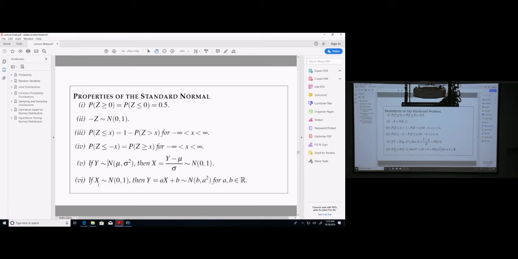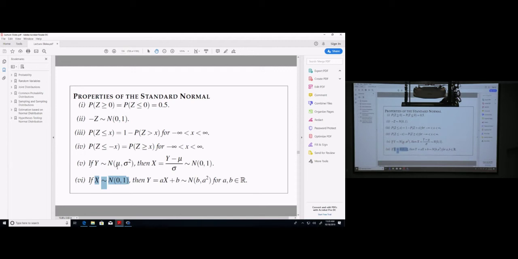Another thing is, if you have a standard normal, you can always get something that you want: a normal with mean mu and a normal with variance a square. So basically, part 5 and part 6 tell you how to transform from one normal to a standard normal, or from a standard normal to a normal.